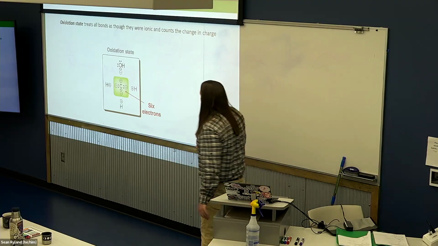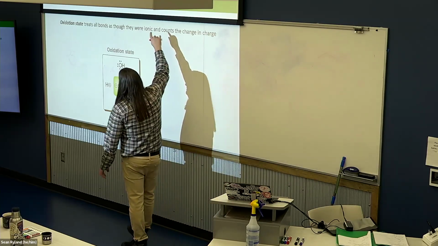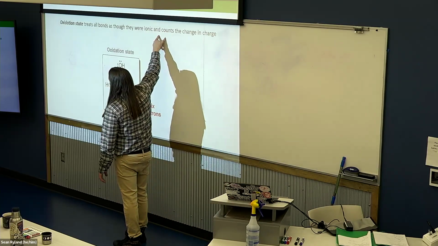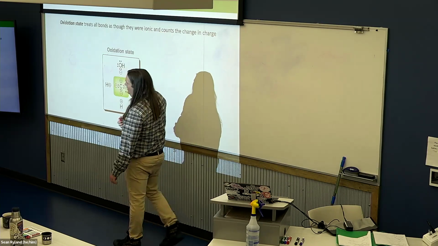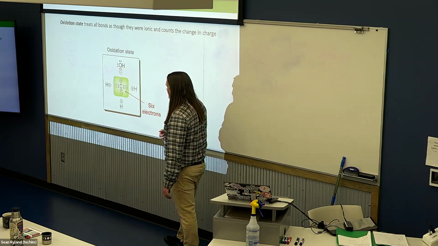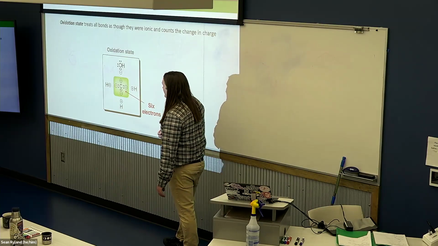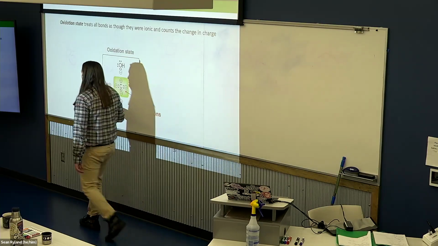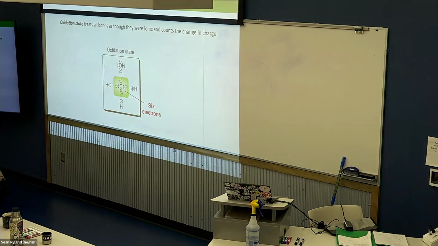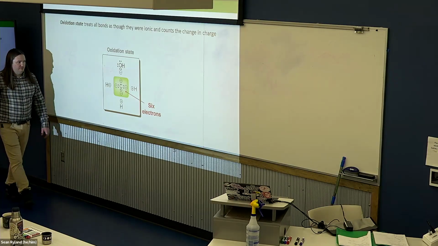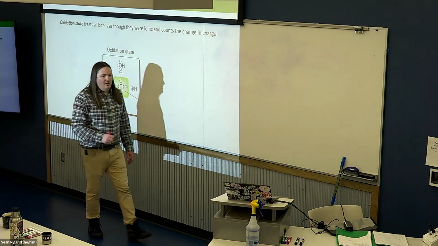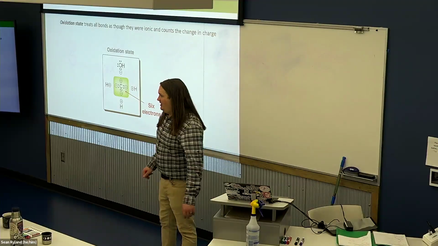So oxidation state is a way of thinking about bonds. We treat all the bonds like they're ionic. And so it always comes down to what's more electronegative. And we're still going to compare it to the periodic table.